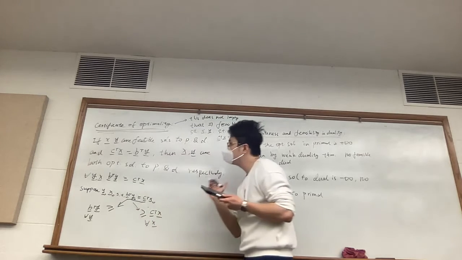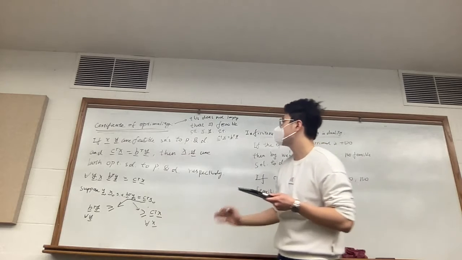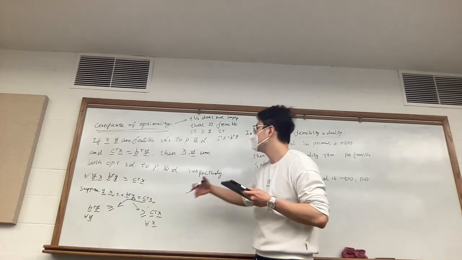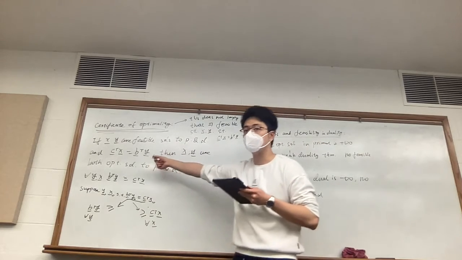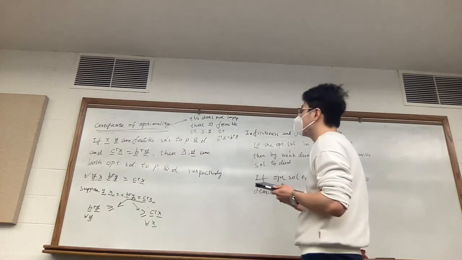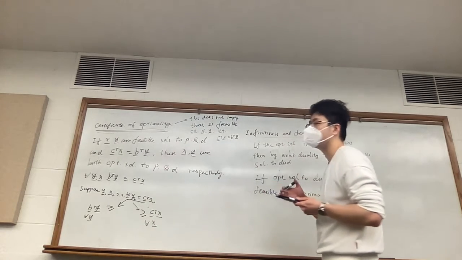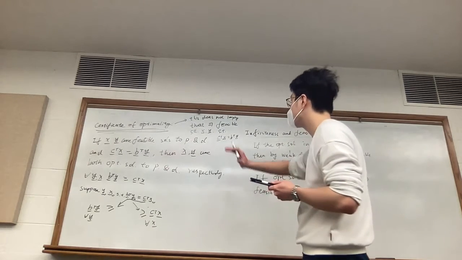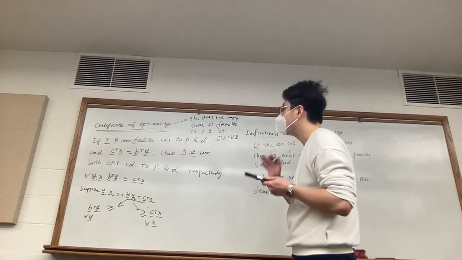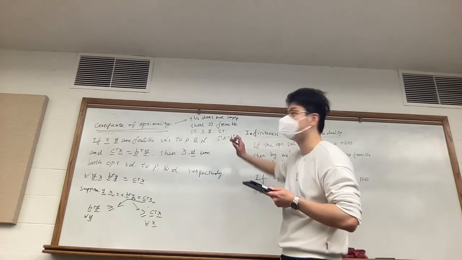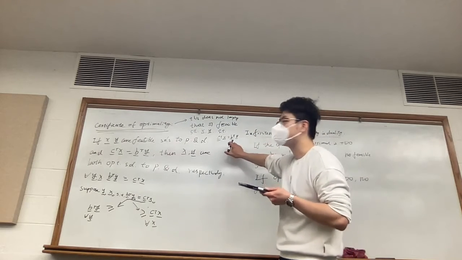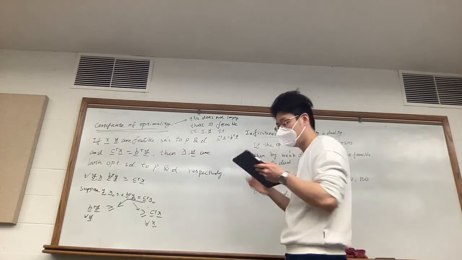The certificate of optimality only tells you that if you can find x and y that satisfy this requirement, you can conclude that they are both optimal solutions to the primal and dual. But it does not imply that in any problem there must exist some feasible solutions x, y satisfying this requirement. Okay.